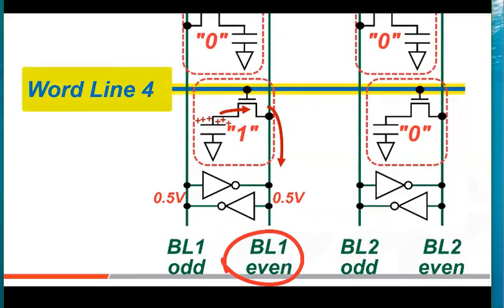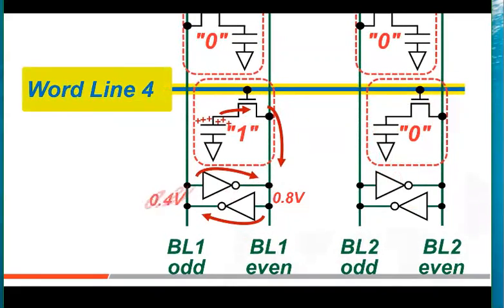The charge on this capacitor, which is high or 1 volt in this case, adds enough positive voltage change to this even bit line to raise this inverter input a small amount. But that small amount is enough to push down the odd bit line through the inverter and make this return inverter drive the high level even higher.